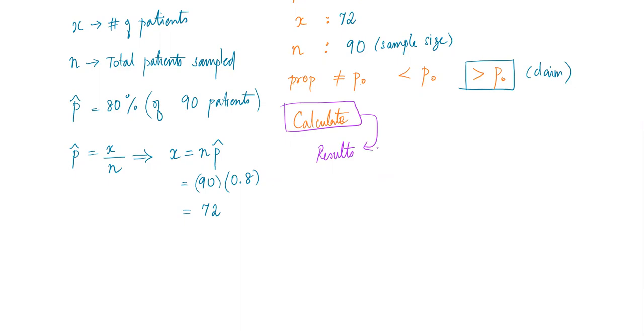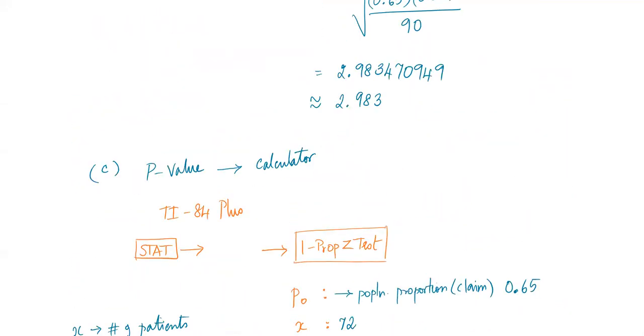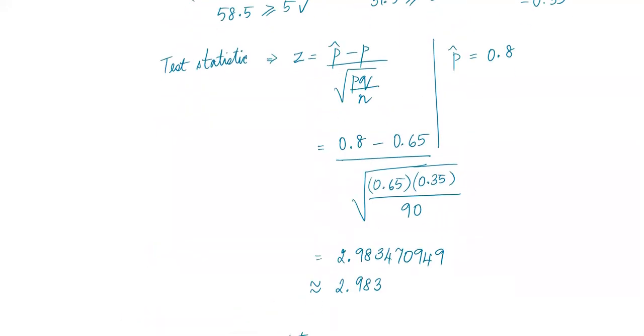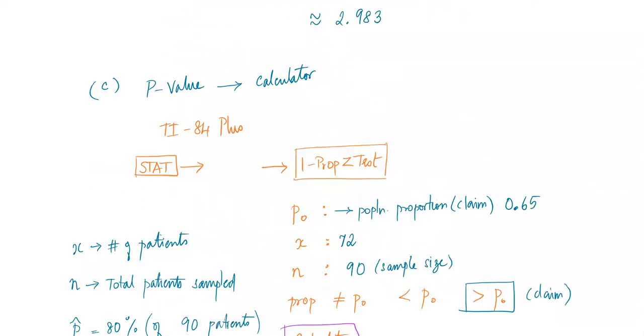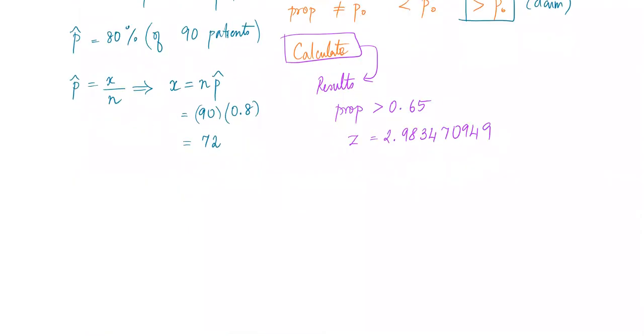The results show prop greater than 0.65, Z is 2.983470949. If you recall, that was your answer from part B. We did that manually, and that's the same answer the calculator gives you. Then this P is 0.0014250645.